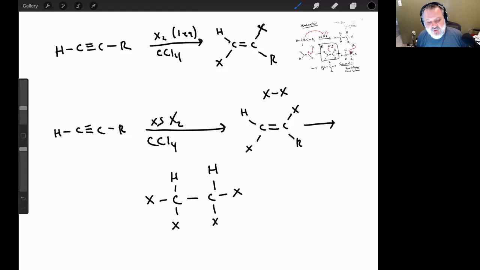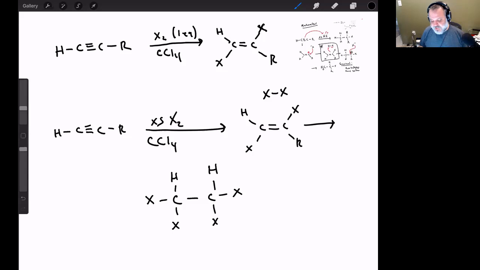And so instead of having two halogen atoms on there, now you've got four halogen atoms on there. You've done it in the presence of excess X2, and so now you were able to add it twice.